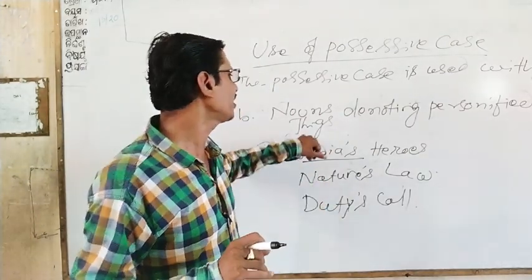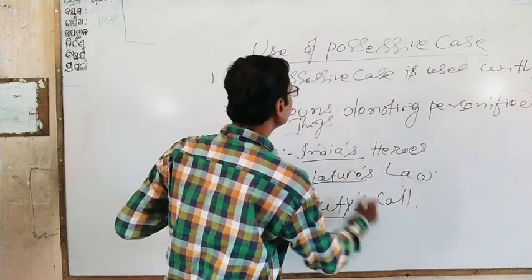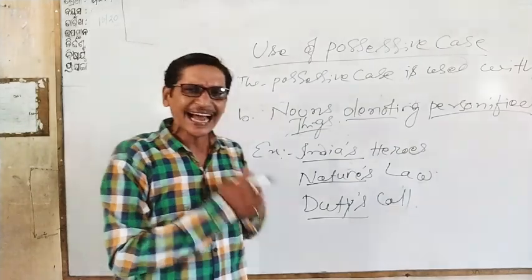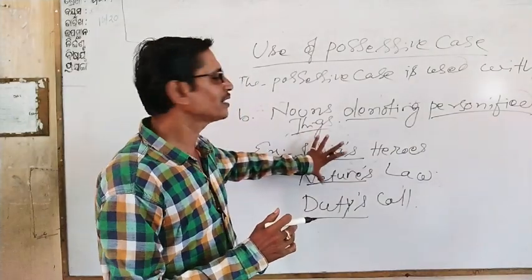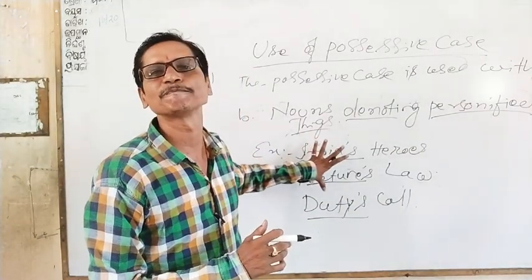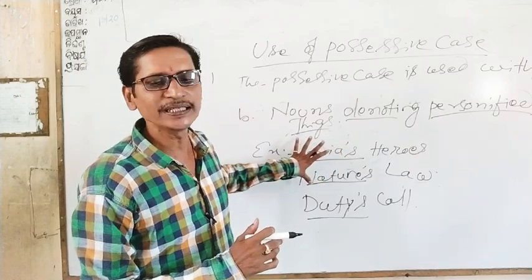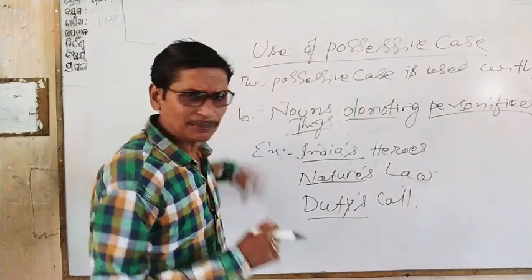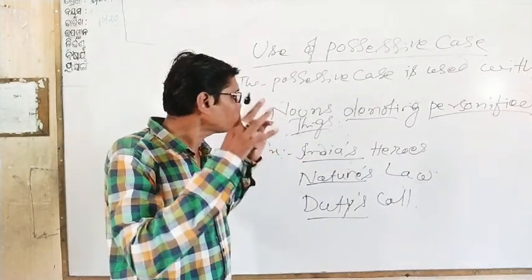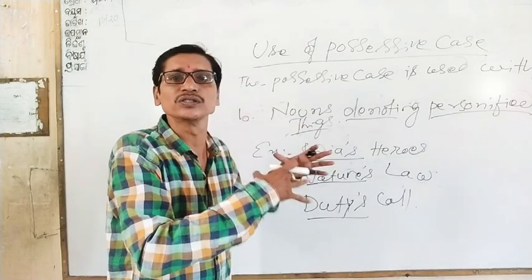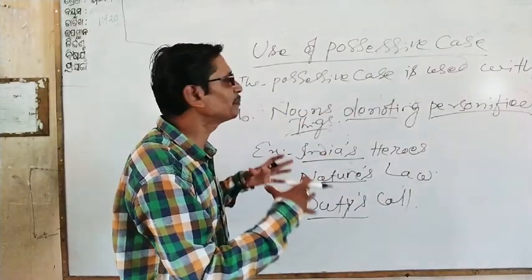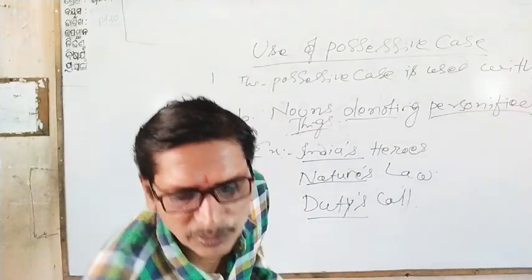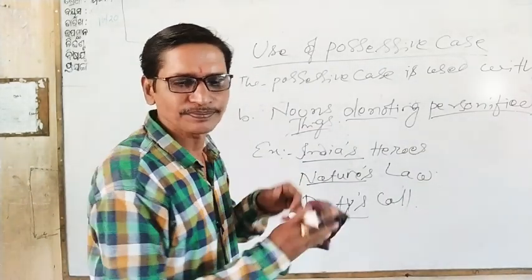So in that case, when those nouns denote personified things, we use possessive cases. Understood? Similarly, there are some other rules where we use possessive cases of nouns, that we shall discuss.